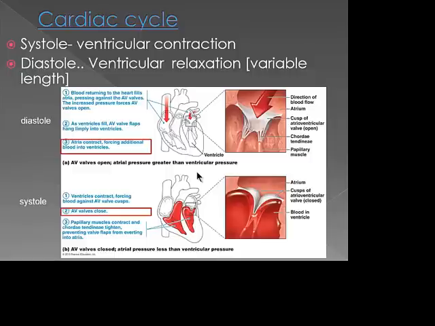Another thing you can realize from this is that if you keep the diastole variable, the longer the relaxation, the more the blood in the ventricles, the more you can actually push out during systole, right? So if you fill the ventricles with 15 ml of blood, you may be able to push out only 10. If you fill the ventricles with 30 ml of blood, remember A and P, what happens when muscle is stretched?